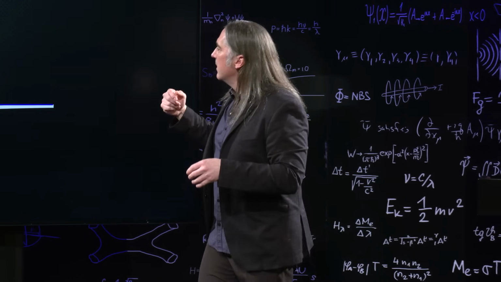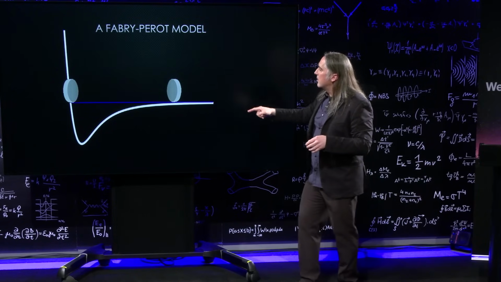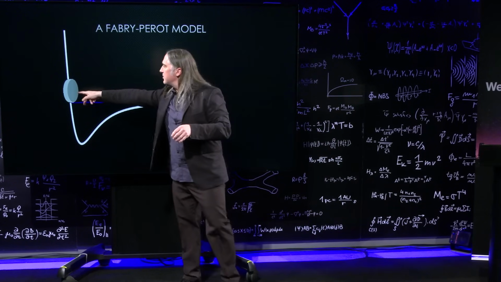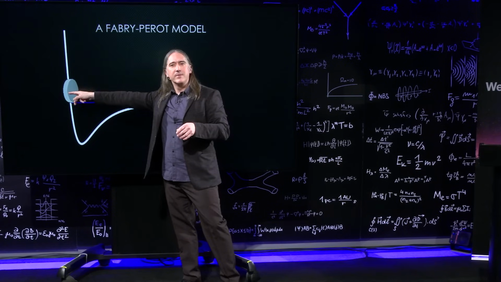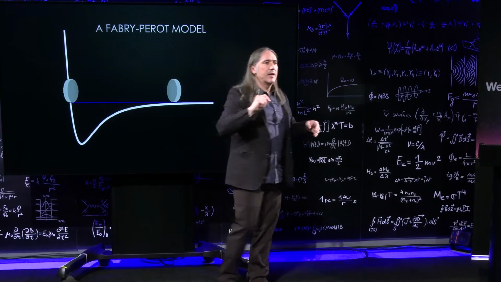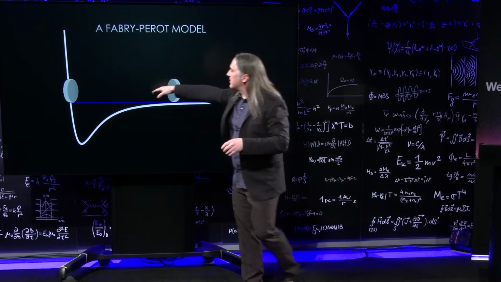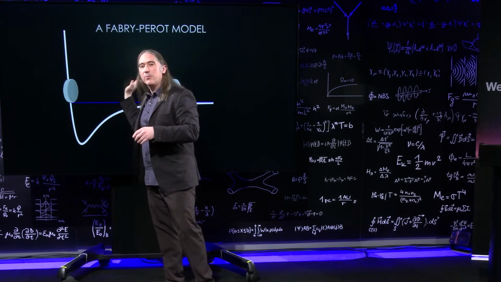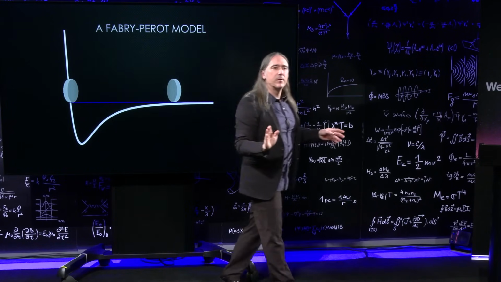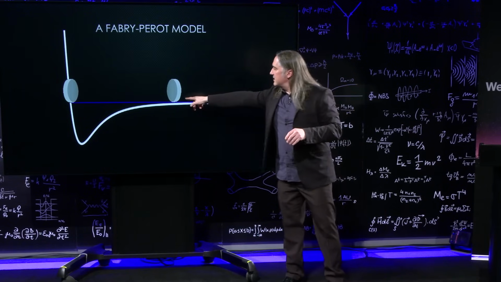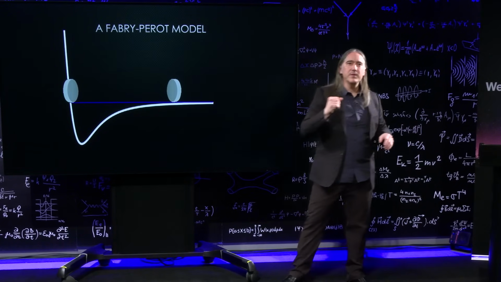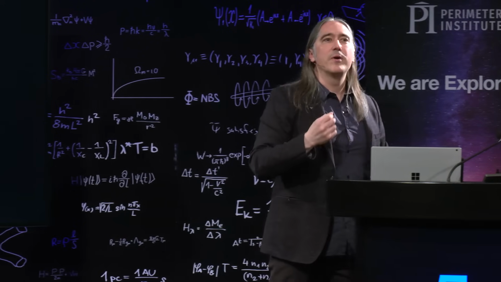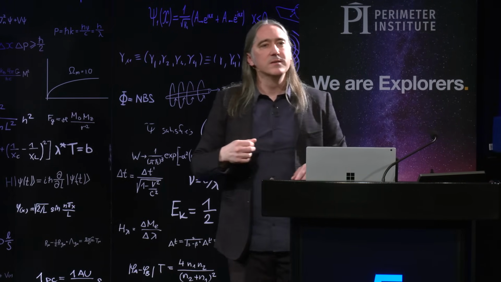Okay? Now, why does it look like two mirrors? Well, this mirror is pretty clear. Okay? It's like a brick wall. Anything that gets in there bounces off of it. So if a wave wanders through this potential, gets all the way to this side, it will reflect. 100% probability. But this is funny. This is rolling downhill. This is one of the things that is surprising about the wave nature of particles in quantum mechanics. Okay?